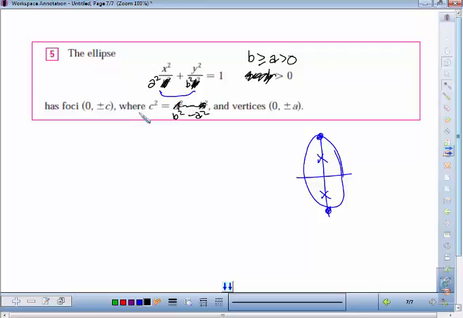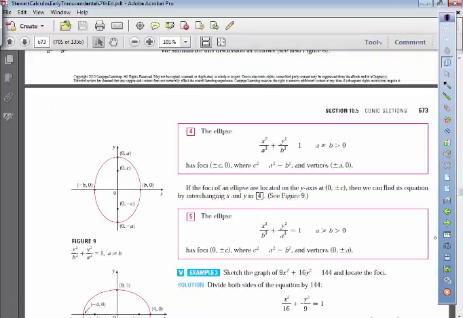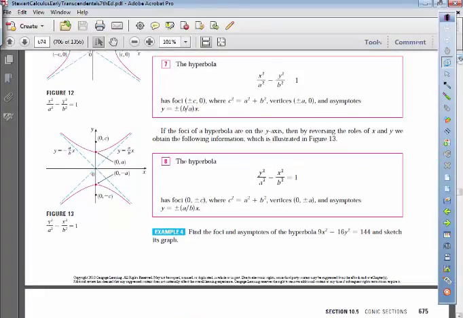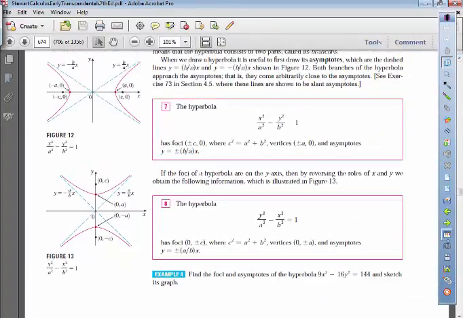All right. Well, we have one more conic section figure to look at, and that's the hyperbola. So let me just put up the formulas for that and maybe do one quick example. And the difference between the ellipse and the hyperbola is that the x squared and the y squared have opposite signs.